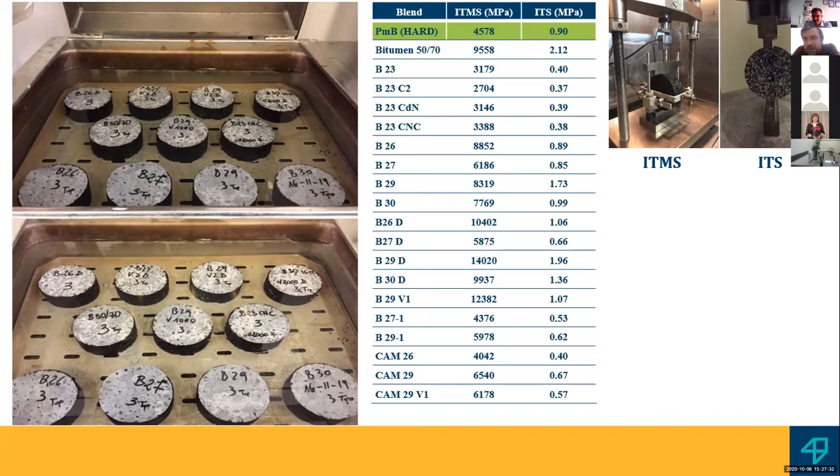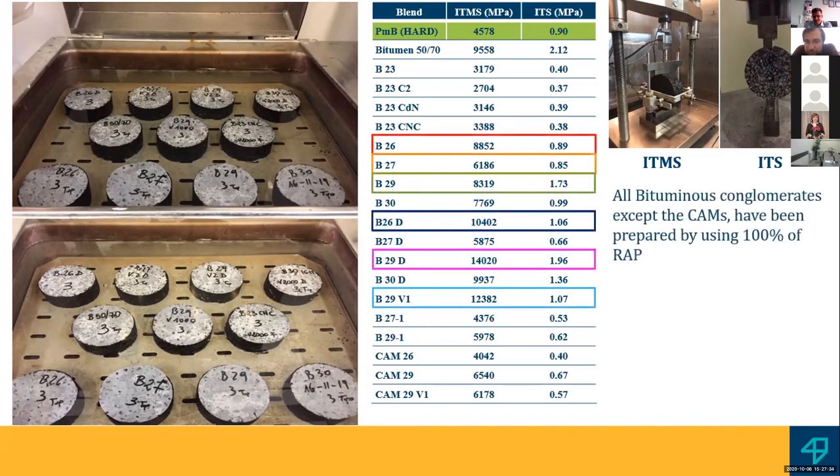The most interesting ones are these ones: blend 26, 27, 29. Blend 26D means that the Viscoflex product is a dense one, because there are some different kinds of products. And V1 means Viscoflex 1000. As you can see, these ones are higher than the polymer modified bitumen.